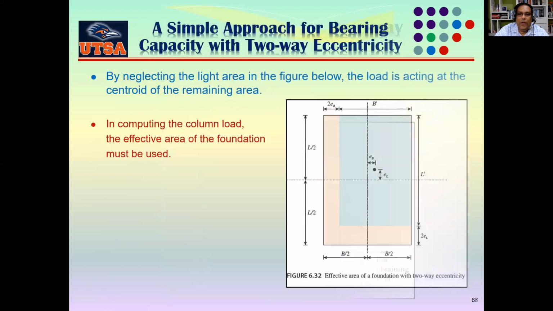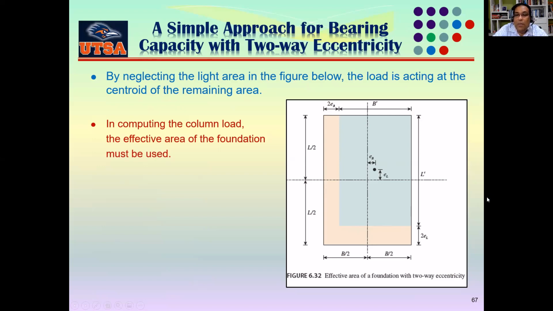So you can see this is actually an easier way to do that one, which is a simple approach, actually. You can see here that if you take 2E out from here and 2EL out from here, this blue area is the effective area that's going to take the load here, okay? So you can use that way to find out the effective area.